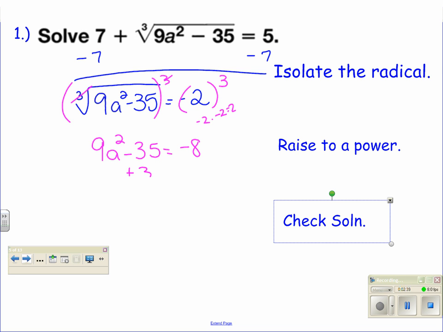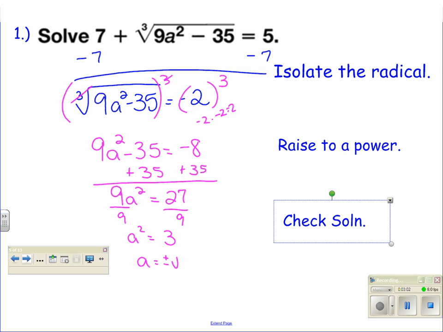Continue to solve your equation. Add 35 to both sides. We get 9a squared is equal to 27. And then we'll divide by 9. That will leave us with a squared equals 3. And I will get plus or minus the square root of 3.